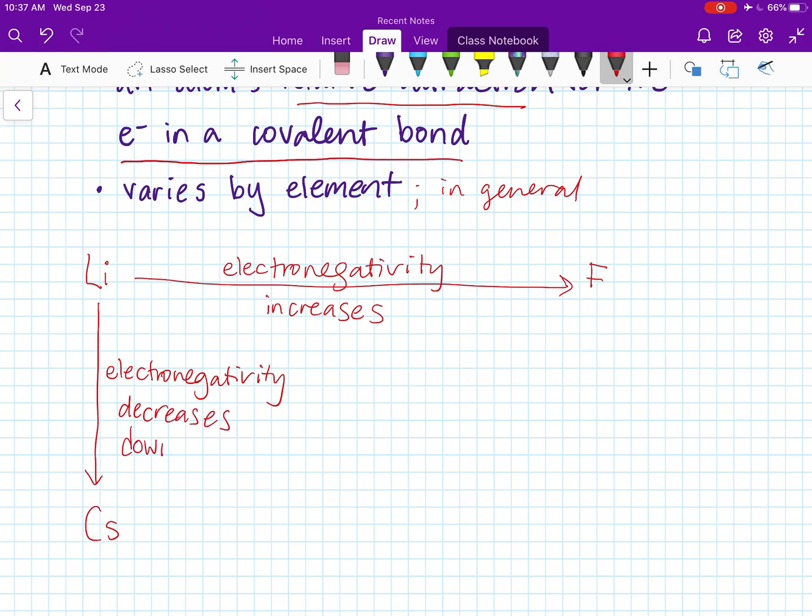You could say that for most any column in the periodic table. So electronegativity increases across a row and decreases down a column. And again, it's because of effective nuclear charge.